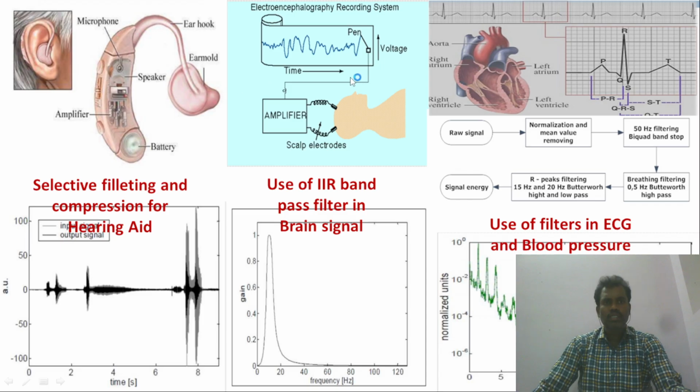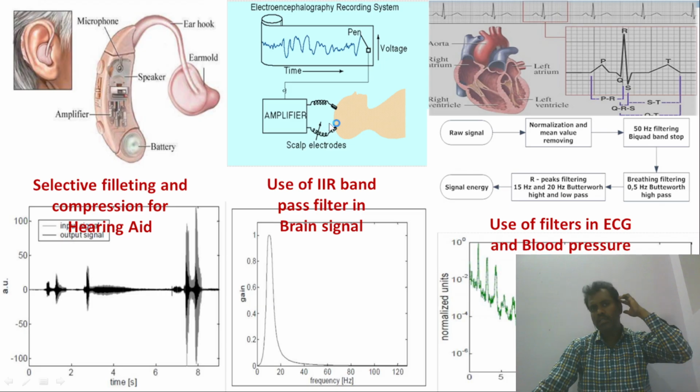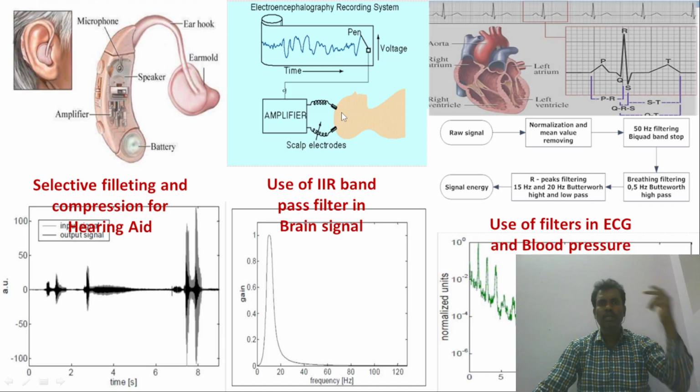The next one is the electroencephalogram recording system. This system is used to record brain signals. The electrodes are placed on the scalp of a person and read the signal variations generated in the brain.